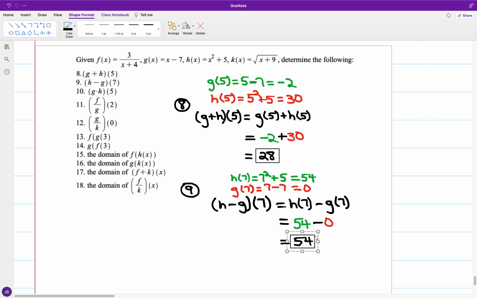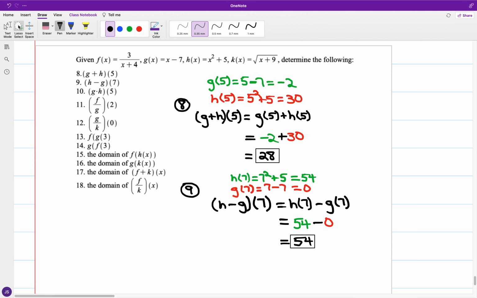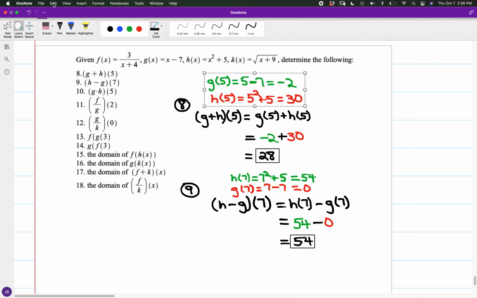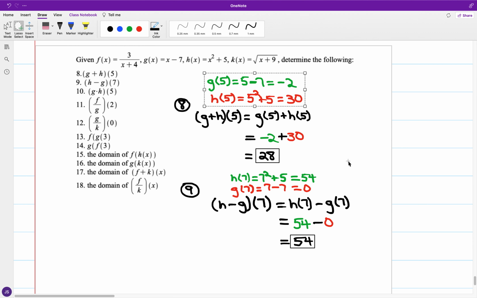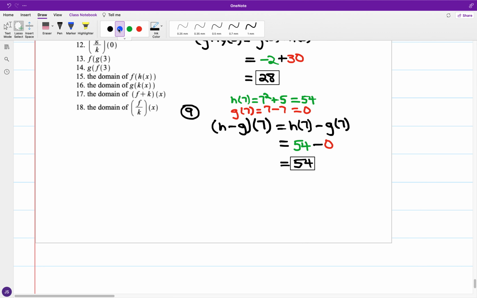Now for number 10, we're looking at g times h of 5. That's going to be g of 5 times h of 5.